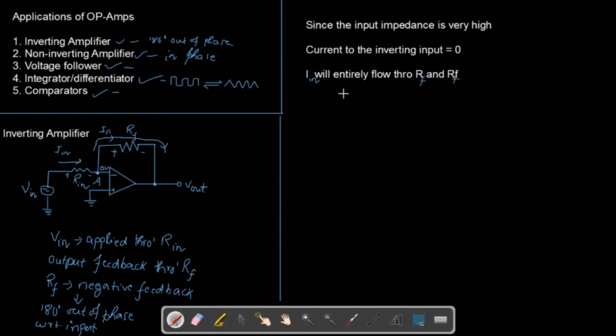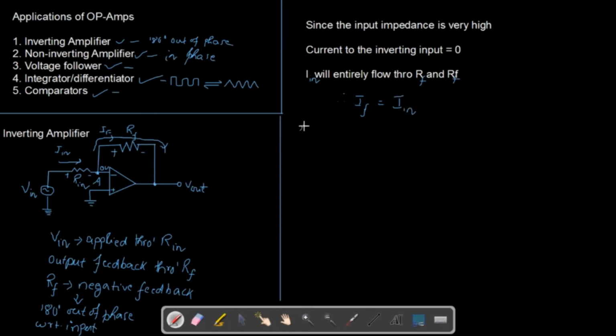In general, IF, whatever current is flowing through the resistor RF, is equal to the same current which is being applied in the input, so I'll write it down as I in.